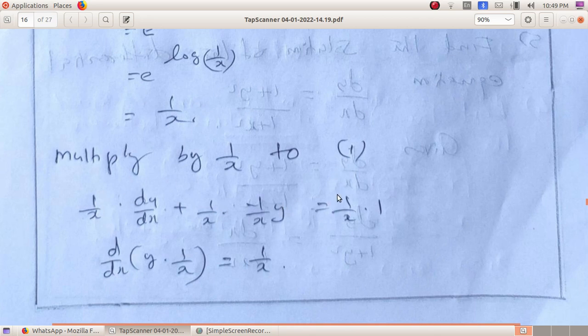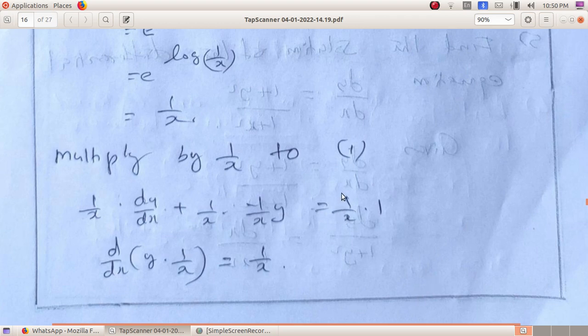Whatever may be the left side, we write it as d by dx of y into this integrating factor. For every question, after the multiplication by the integrating factor, this step will be obtained.